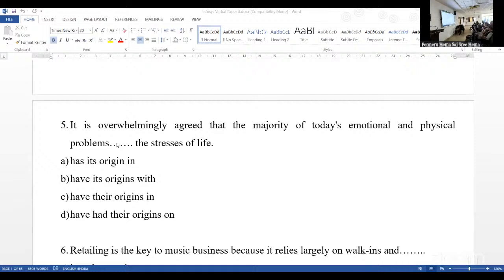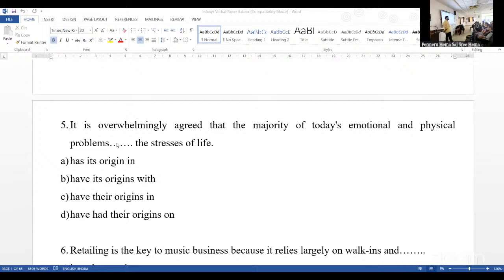So option C. So the answer is C. Because if you see here, the majority of today's emotional and physical problems have, okay, the subject is physical and emotional problems. That is the subject. So we have to use have. Has is eliminated. Their origins in the stresses of life. We need not use have had.